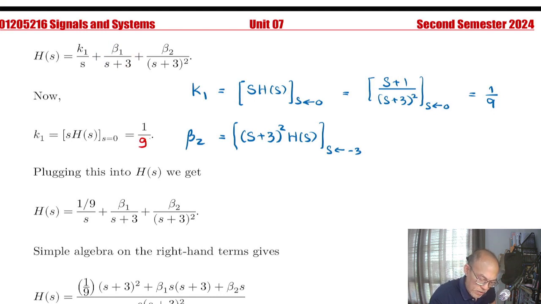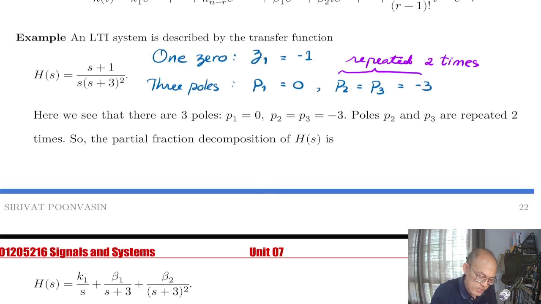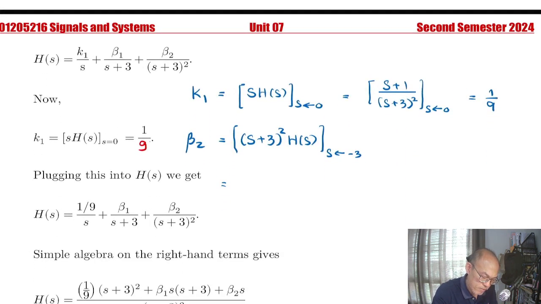So when you multiply H(s) by (s plus 3) squared, what you're gonna get is (s plus 1) over s. So I have (s plus 1) over s, and then we need to plug in minus 3 for s.